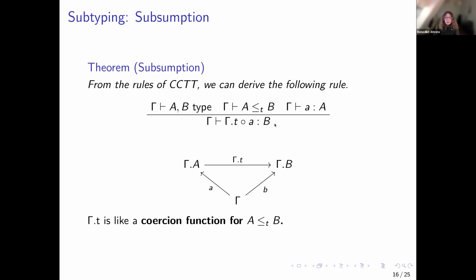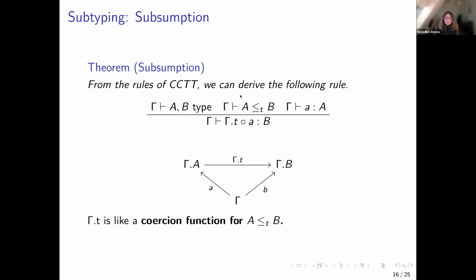And this intuition is made precise in this rule that we can derive, that is sometimes called subsumption, but it's weird to call it subsumption because we are explicitly not doing subsumptive subtyping, but coercive subtyping. But I think logicians know this rule as subsumption.